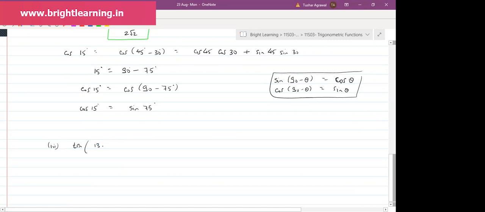Tan of 13 pi by 12. 13 pi by 12 is 12 pi plus pi upon 12. If I do the actual division, 12 pi plus pi, this is pi plus pi upon 12. So pi plus this theta.